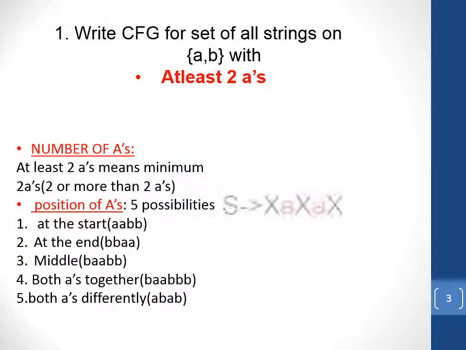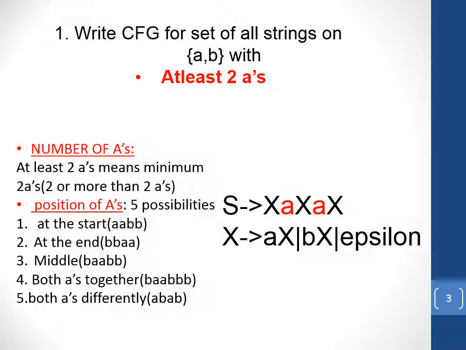So let's have the grammar. S → XaXaX. Now these 3 capital X's represent any combinations of a's and b's. The first restriction this rule satisfies is that there are 2 terminals a which can be placed anywhere.